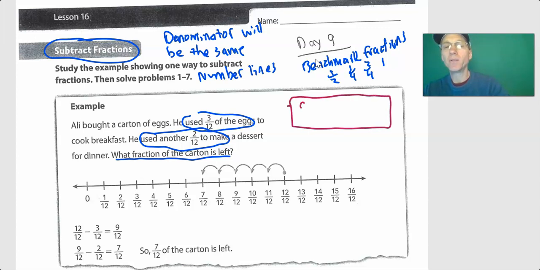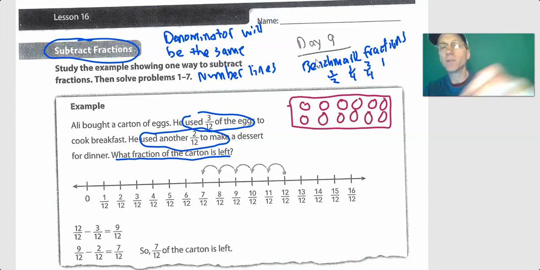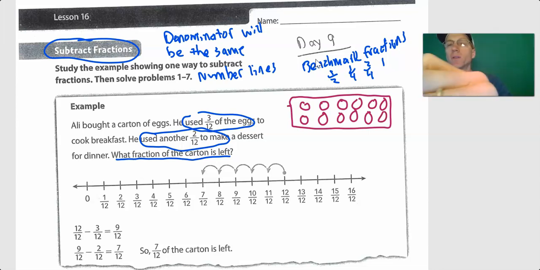There are going to be 12 eggs in a dozen. 1, 2, 3, 4, 5, 6. 1, 2, 3, 4, 5, 6. Now you know he used 3/12. So first of all, what does the 12 mean? How many to make a whole here?